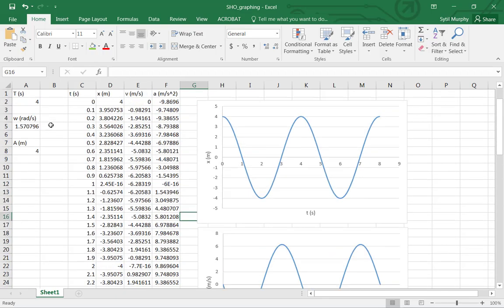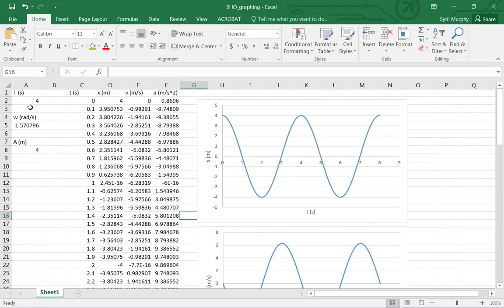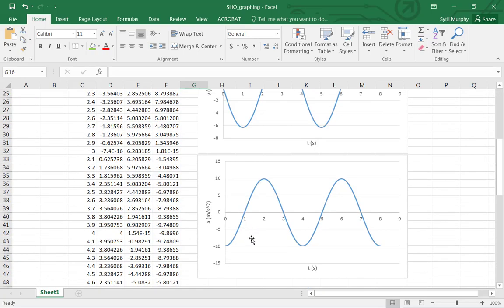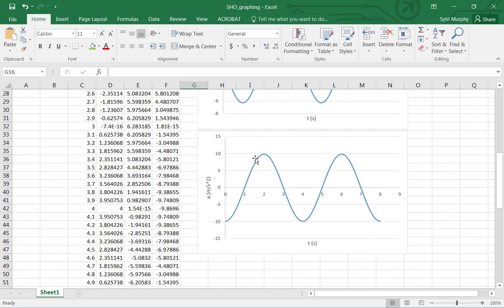So we need to square this. 1.57 squared is a number I don't know off the top of my head, but it is roughly 2.5. If I take 2.5 times 4, I get 9.8, or roughly 10. So that's why it oscillates between negative 10 and 10. We still have a period of 4.